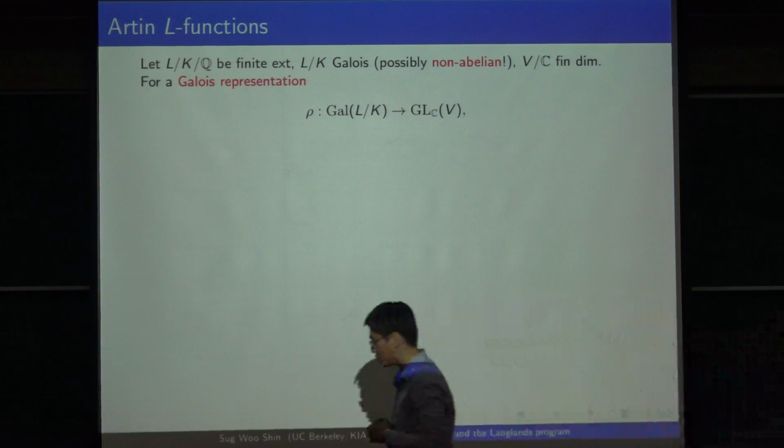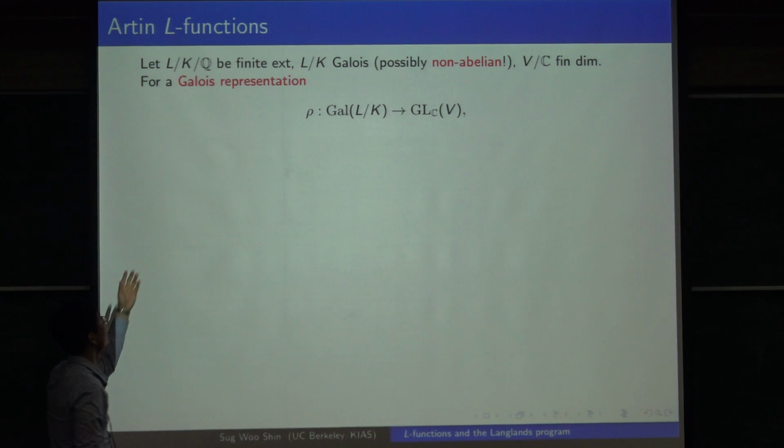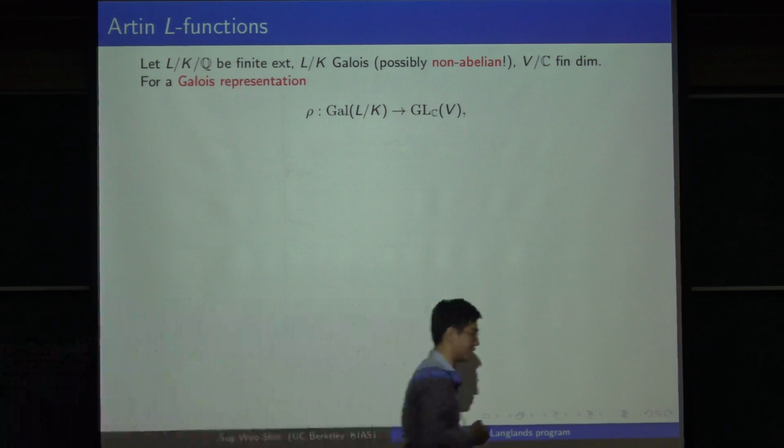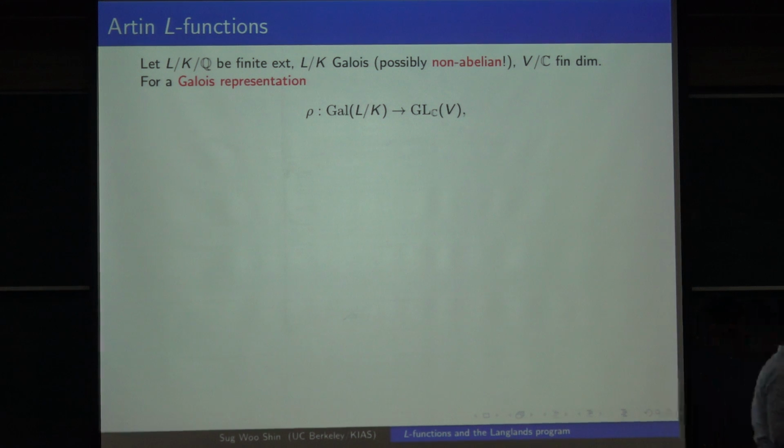So hopefully you have seen some Galois theory, but because we need this, we are going to consider L over K a Galois extension, a finite Galois extension, but possibly non-abelian. That's actually important. What that means is that the Galois group of L over K may be a non-abelian group. And actually in math, we love non-abelian groups. Abelian groups are nice, but they're a little too simple.